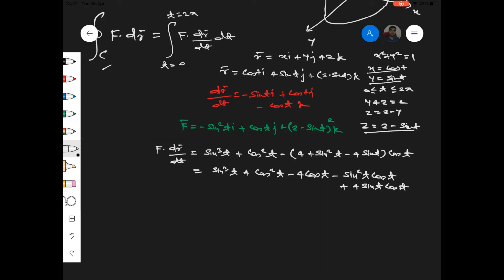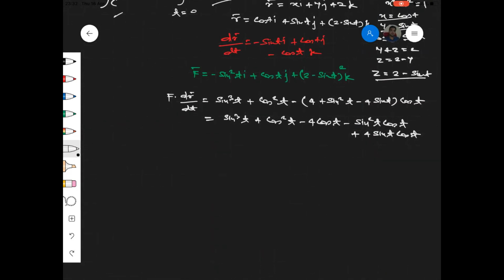Let's put the value of f dot dr by dt in this integral.